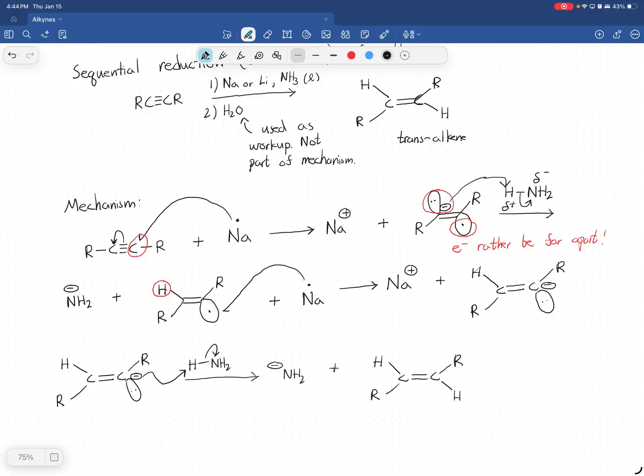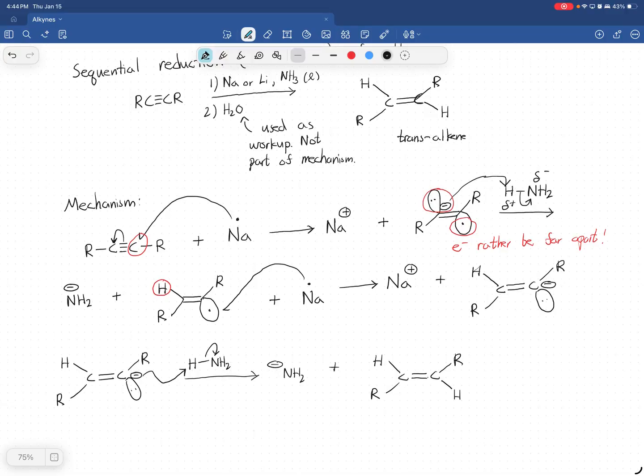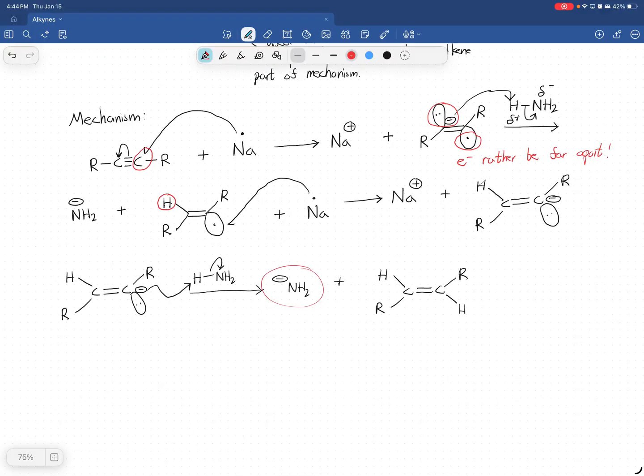Okay. So what the water step does, it pretty much just neutralizes the sodium amide right here. The second step reacts with this, and so you can isolate the product. So it's just a workup procedure. In every reaction, you could do the reaction, but the next step is to say, how do I get my product?